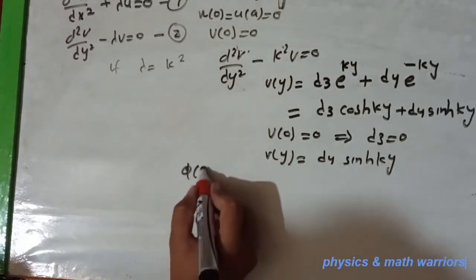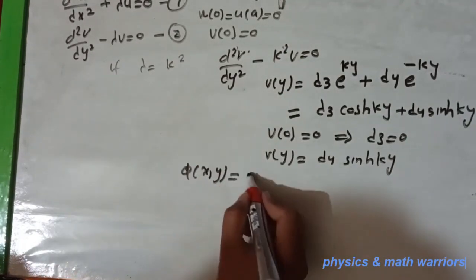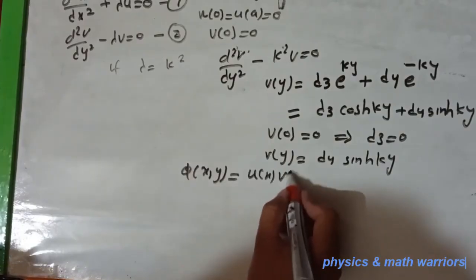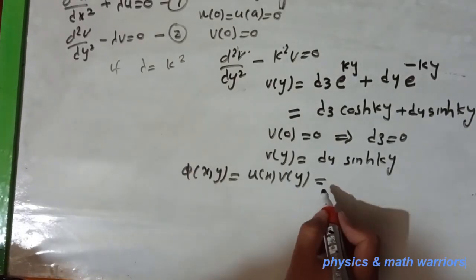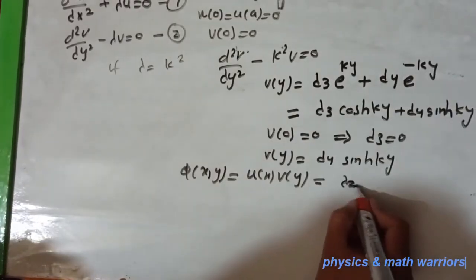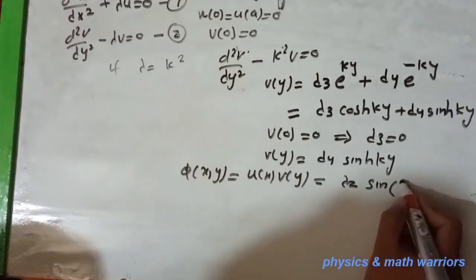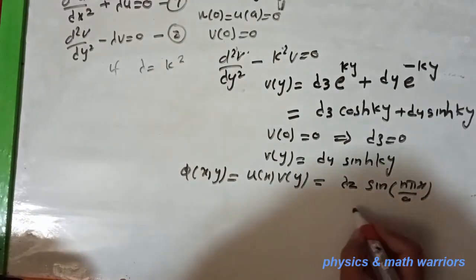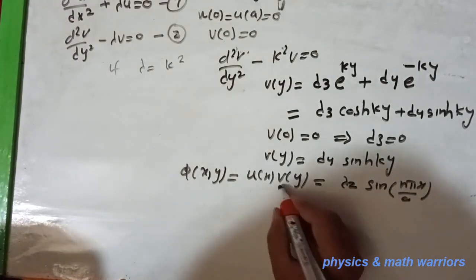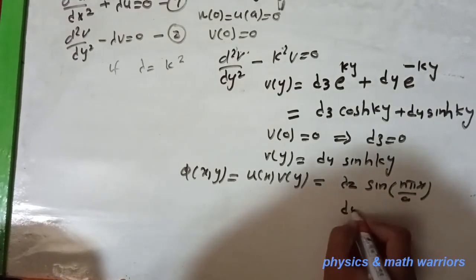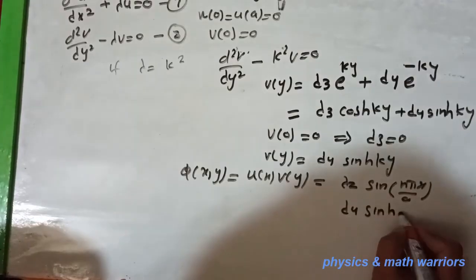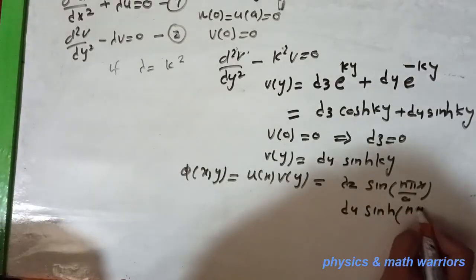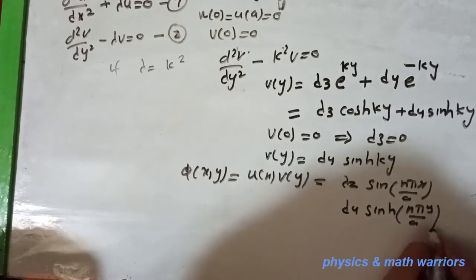and phi of x and y is equal to u of x v of y, and u of x is equal to d2 sin n pi x over a, and v of y is equal to d4 sinh n pi y over a.